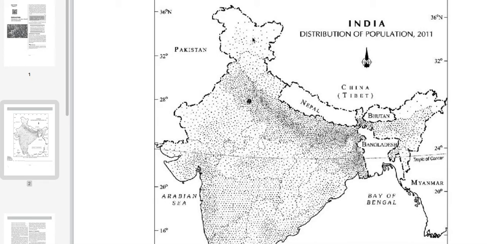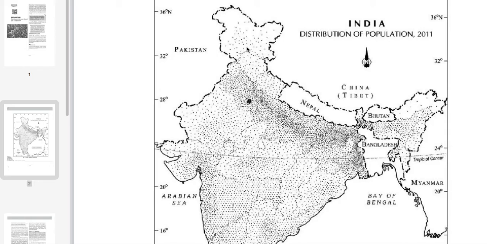But there are some states in our country like J and K. See here, there are very few dots. Then Himachal Pradesh, Uttarakhand, Arunachal Pradesh. In these states or in the central part of India, the number of dots is very less, meaning the population is very less. Why is the population less in these areas? Due to the topography.